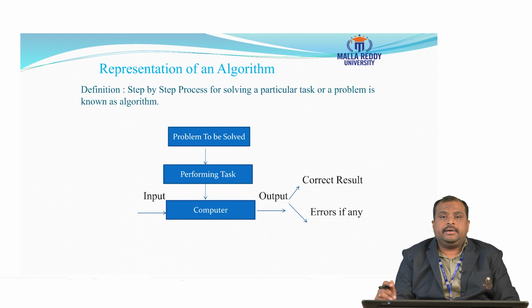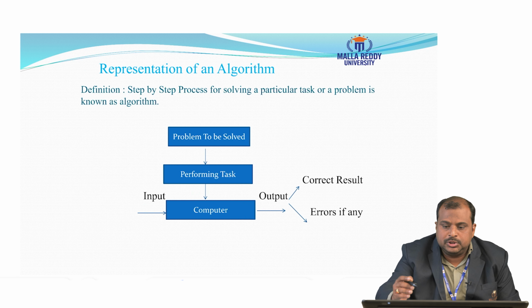A step-by-step process for solving a particular task or problem is known as an algorithm. Whatever problem statement you take, the algorithm explains how the solution can be provided in the form of steps.